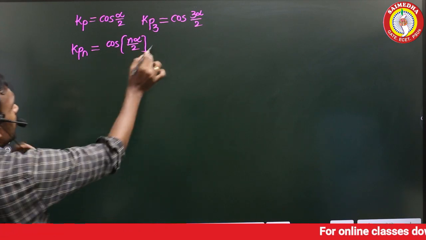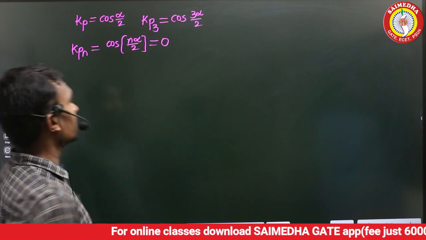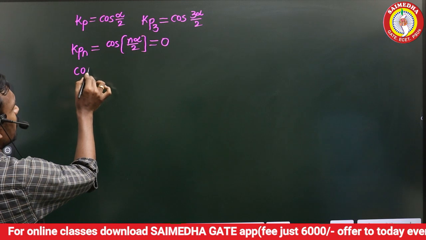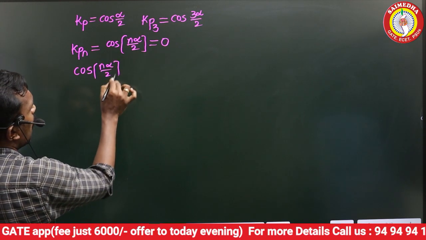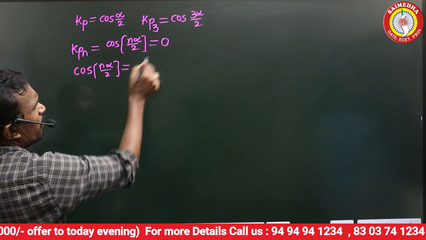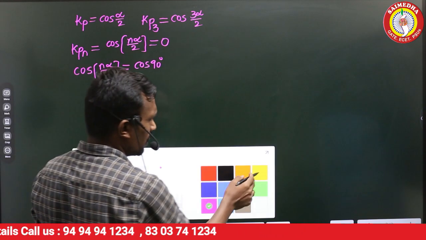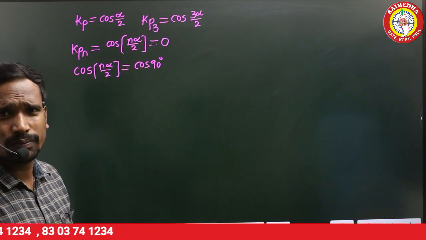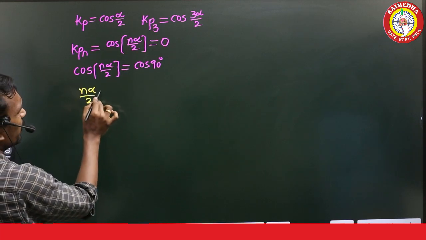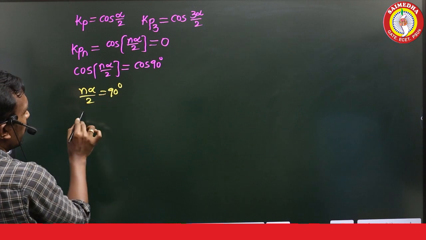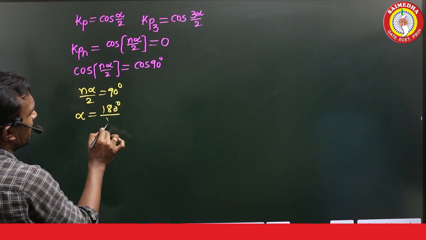Now, if you want to eliminate the nth harmonic, Kpn is equal to 0, nothing but cos n alpha by 2 equals 0. How can I write this 0 in terms of cos? Simply, cos 90 is equal to 0. Now compare these two: n alpha by 2 is equal to 90 degrees, so alpha is equal to 180 degrees by n.